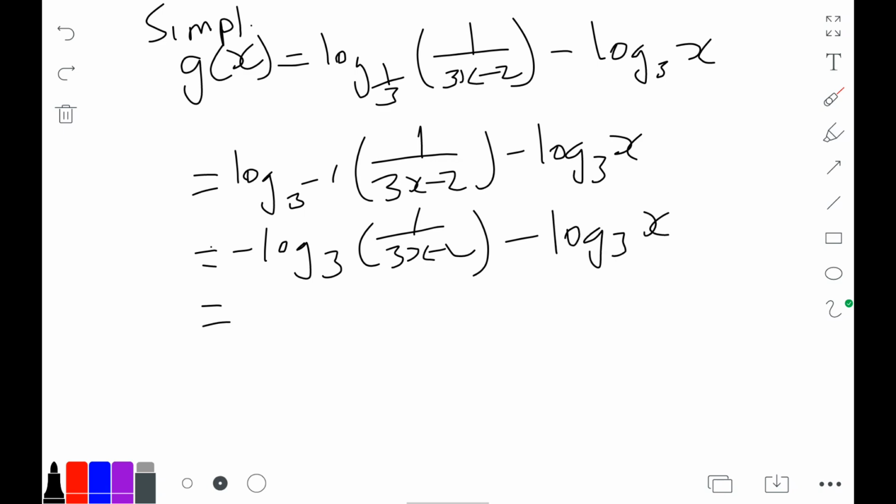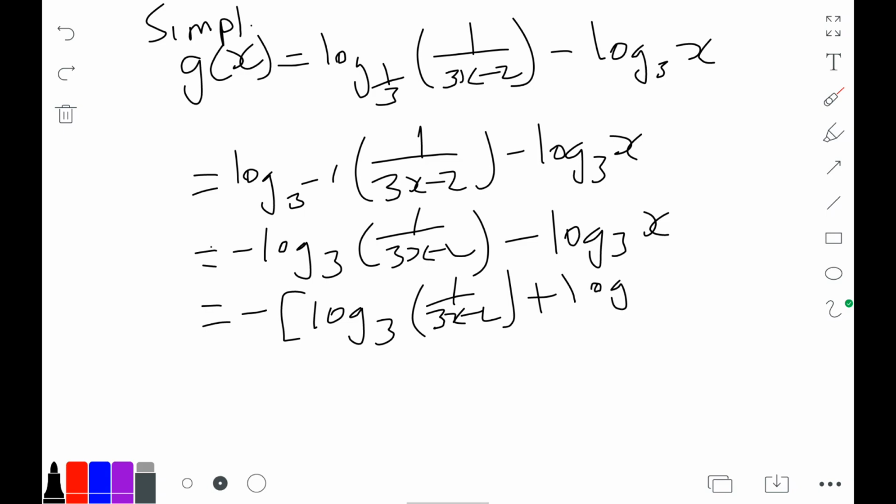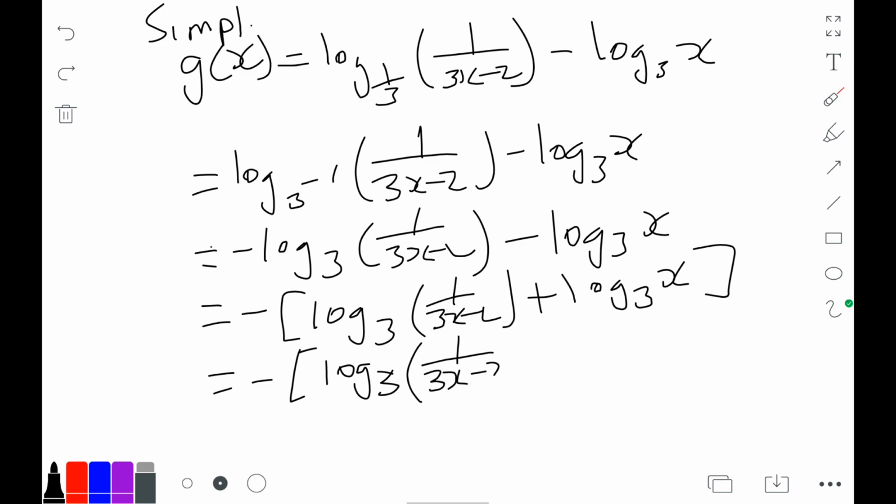So this is going to be equal to, take out the negative, you're left with log of 3 in brackets 1 over 3x minus 2, plus now, because we take out the common factor of negative 1, log of 3x. So according to the laws of logarithm, you know that this is going to be log of 3 in brackets 1 over 3x minus 2.